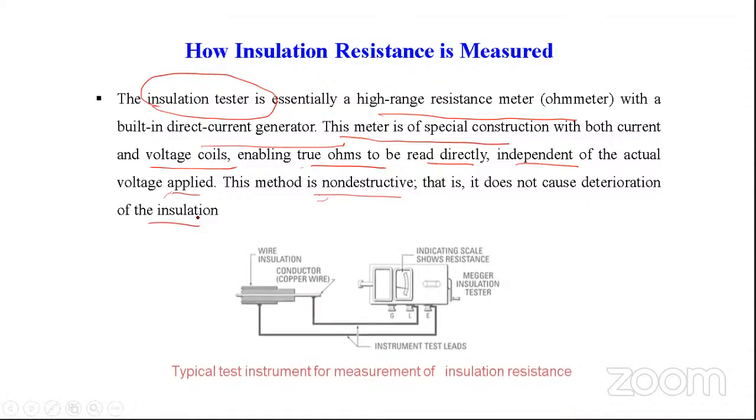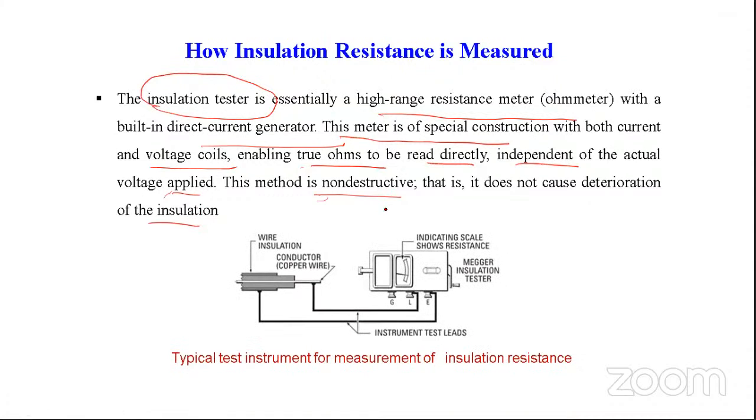This is the pictorial or schematic view of a typical test instrument for measurement of insulation resistance. This is a hand driven generator, and this is the handle. You generally rotate it during the experimentation.